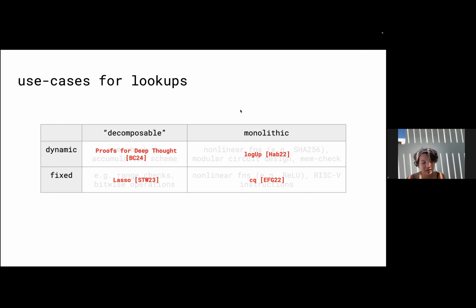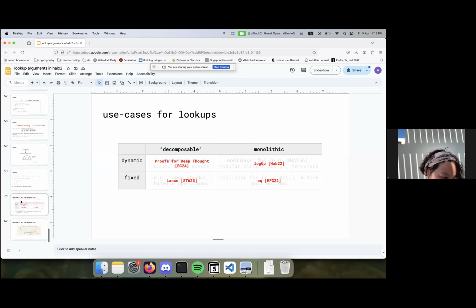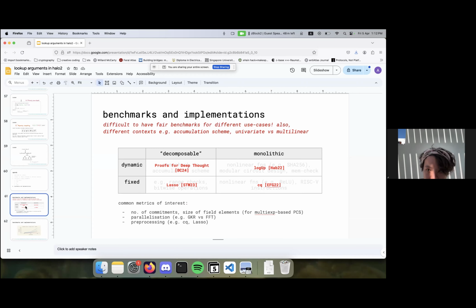And so over here, I've put what I think is the best in class lookup for each use case, in the sense that these were optimized for the particular use case. And if we skip ahead a little bit, there's a lot of subtleties when it comes to benchmarking.